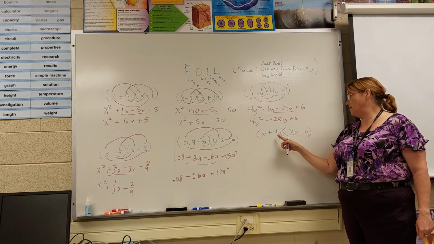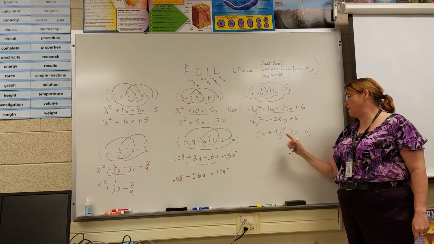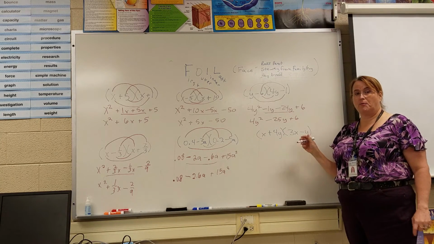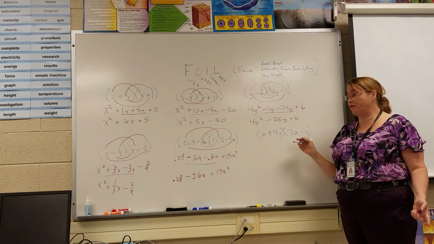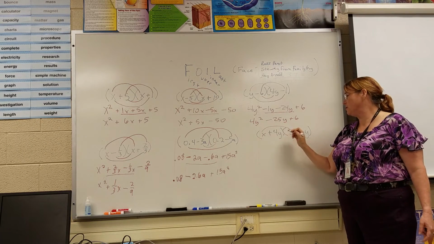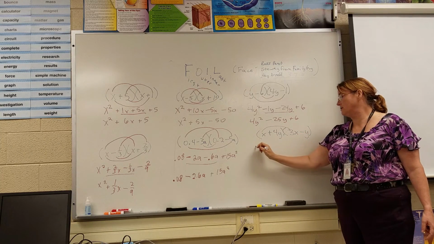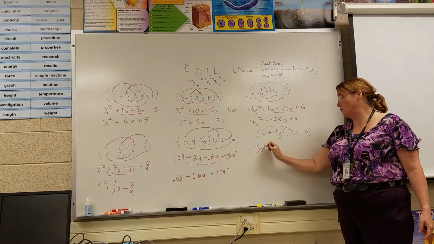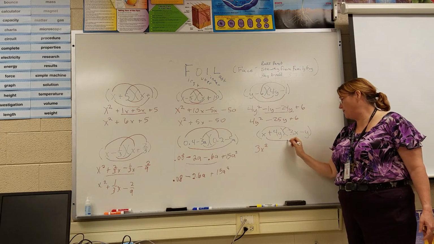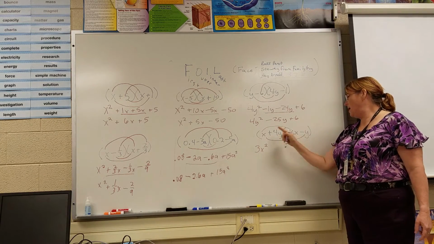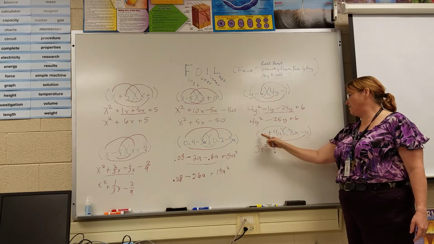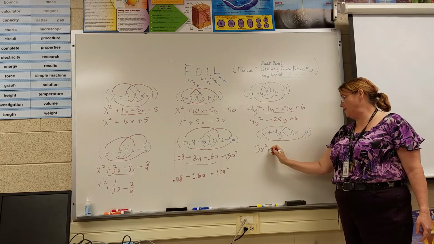And then the last one, just to demonstrate tonight, is this one. This one's got 2 different letters. We have x's and y's. The process doesn't change. You still FOIL. First, x times 3x, 3x squared. Outer, x times negative y. So you have a positive times a negative, so we have a negative.